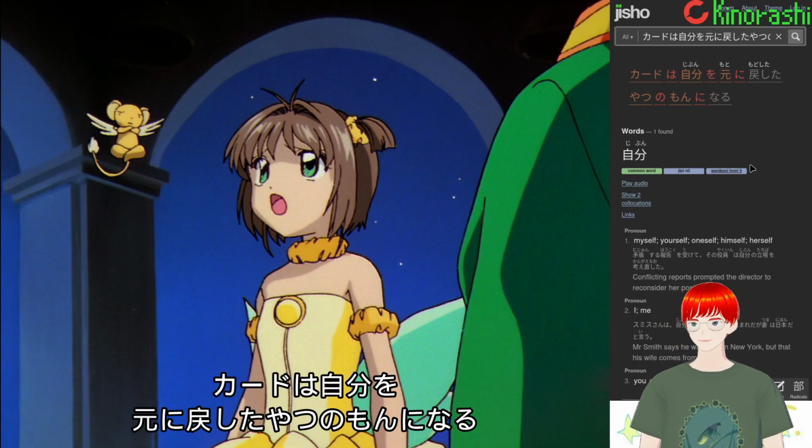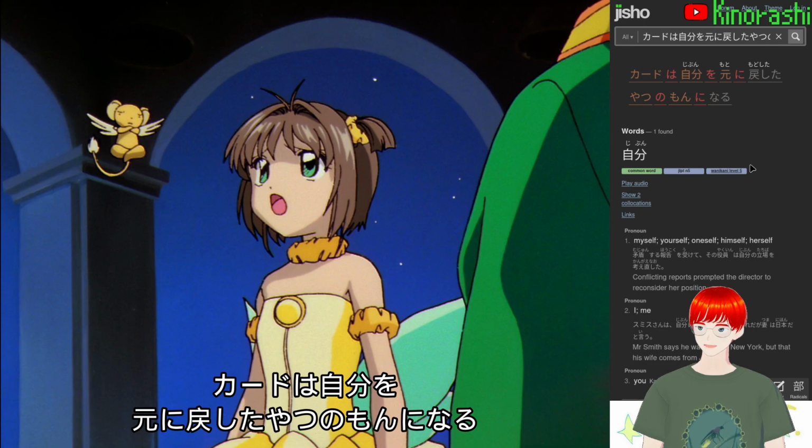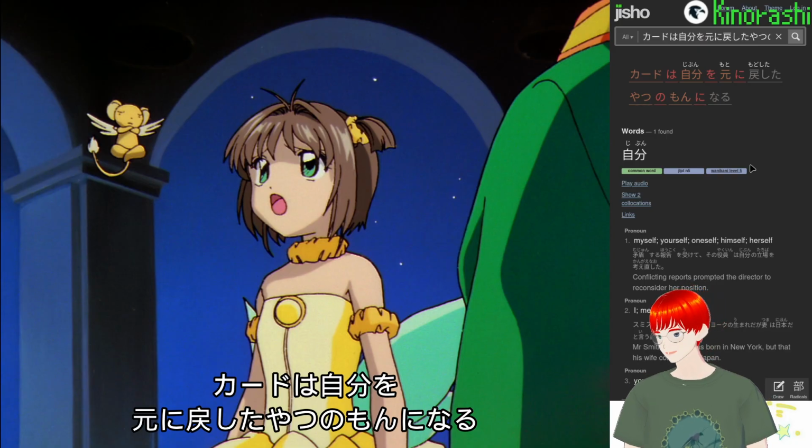If we think the ga-marked thing is the person who actually does the returning, then, ii ga jibun wo moto ni modoshita. No, no, you can't do that because this is a clause describing yatsu. Let's see. Kado wa jibun wo moto ni modoshita.